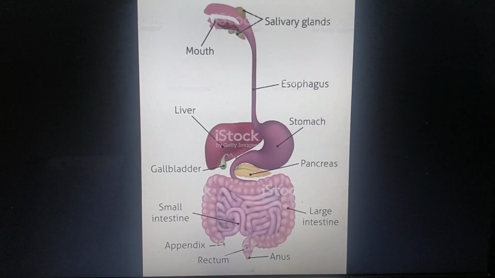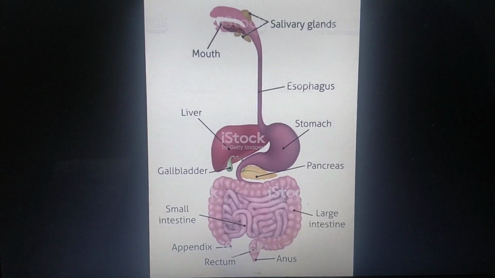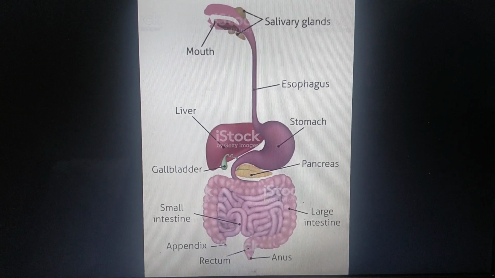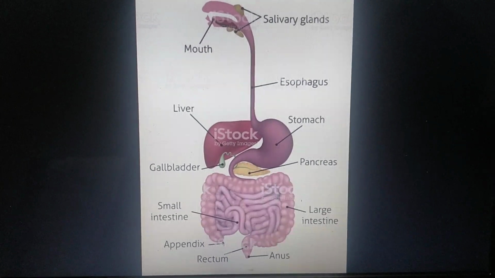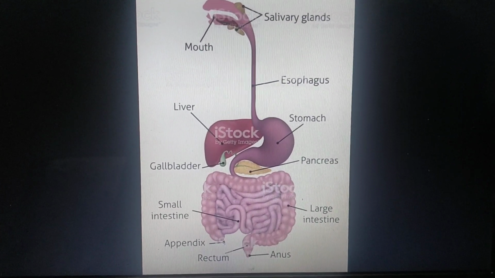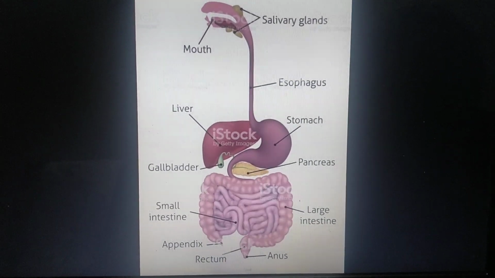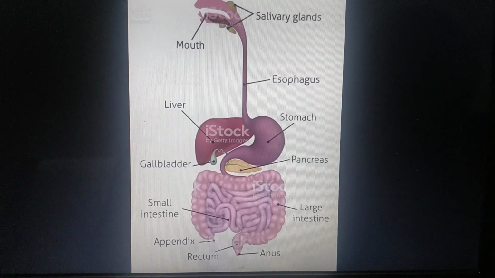Then in the mouth, there are salivary glands which secrete saliva. So whenever we see or smell or eat our favorite food, our mouth waters. This water is nothing but saliva. Saliva contains the enzyme salivary amylase.